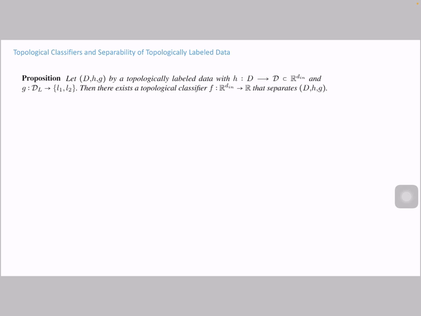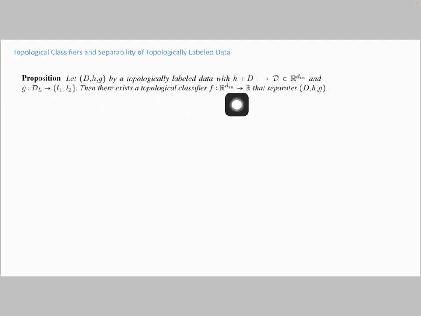So let's state the theorem. If we are given topologically labeled data, so as usual, you are given a function h from a disjoint union of manifolds D to some ambient space R^dn, and here I'm assuming my data is labeled by two labels. We can extend this to n labels, but for clarity of presentation, I'm just going to state the result for two labels.